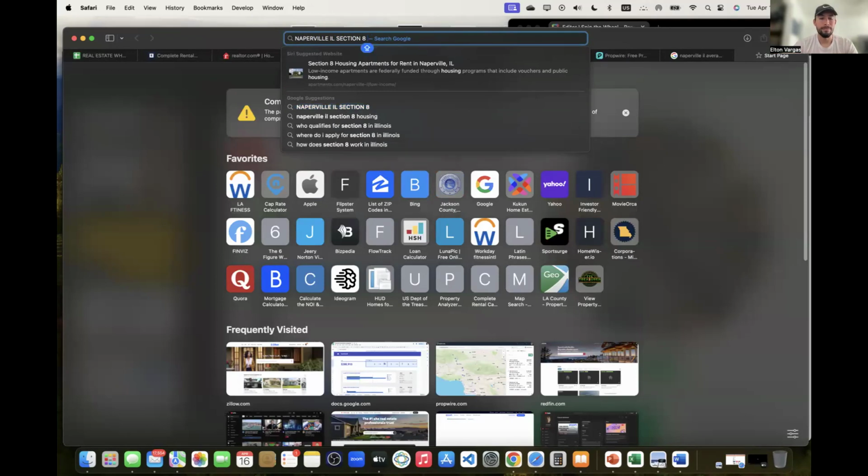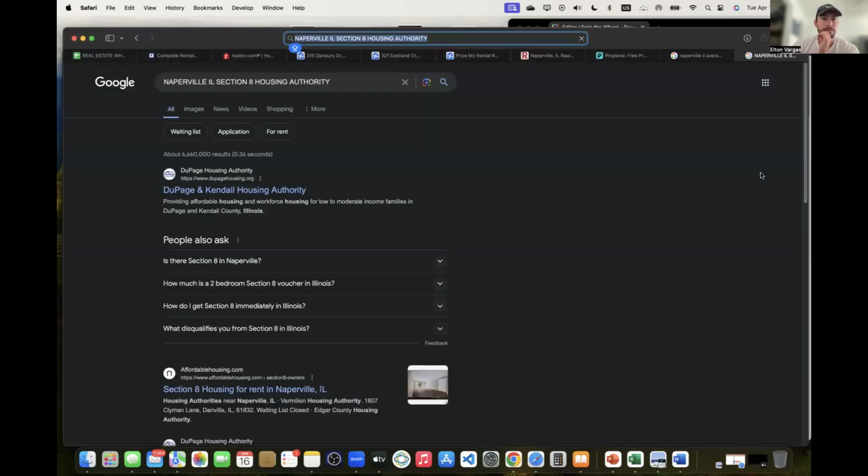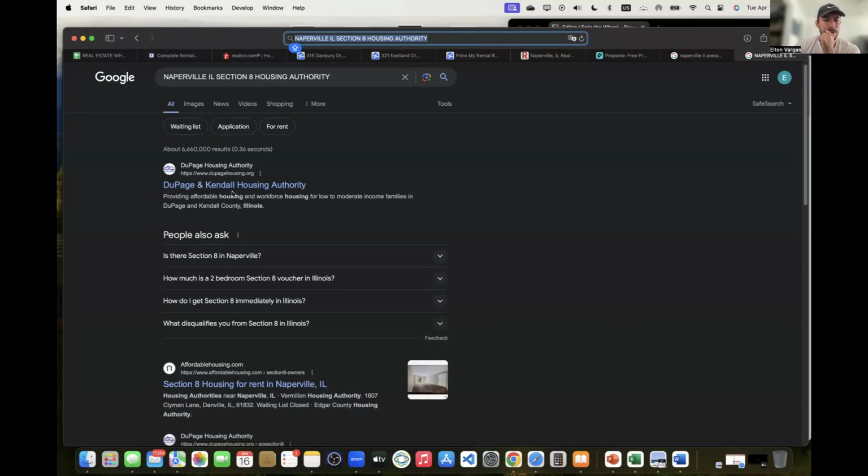What is it? Housing authority. Authority. I can't spell right now. Awesome. Let's see. So Naperville looks like it's in DuPage or Kendall Housing Authority. I've got to figure out what housing it is on.